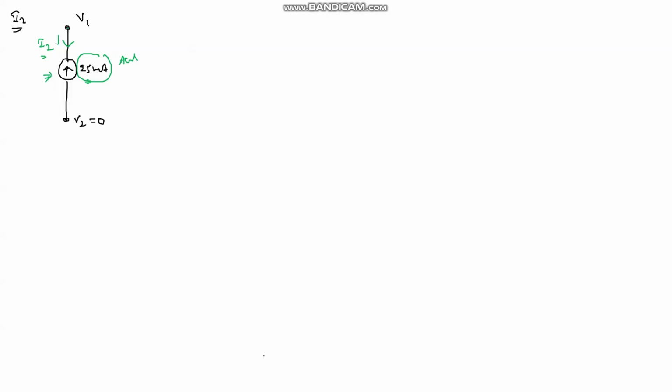That's why I2 is nothing but minus 25 milliamps, that is minus 25 into 10 power minus 3 amps.